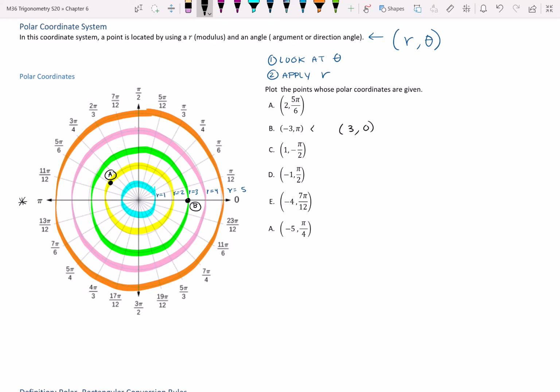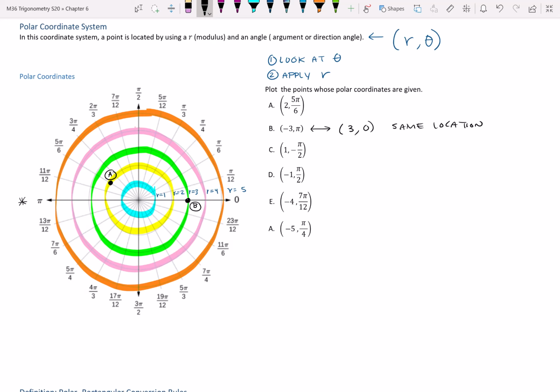So notice that these have the same location. So again, they're not unique. These locations are not unique. You can get the same point by doing different polar coordinates. Okay, so now let's keep trying them, slowly but surely.